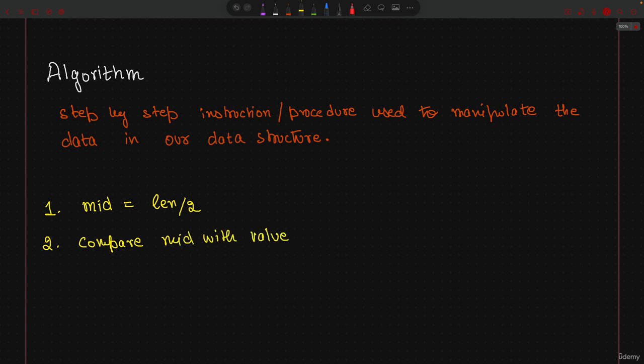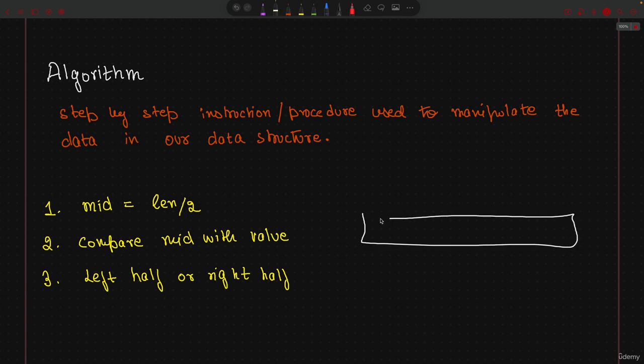And depending on whether it is bigger or smaller, we used to call on either the left half or the right half. So this is an algorithm because it's a step-by-step procedure or instruction, right? That was exactly what used to happen in binary search.